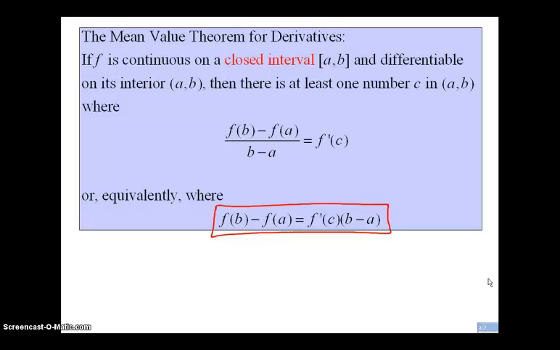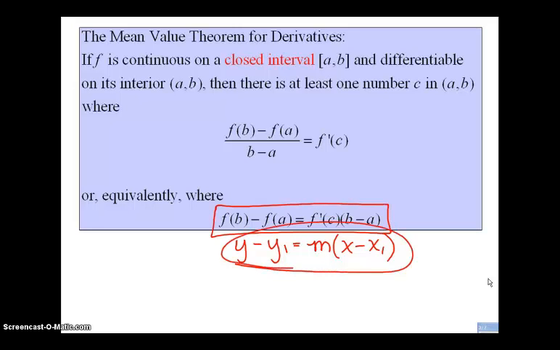Does anybody recognize y minus y1 equals the slope times x minus x1? It turns out that the mean value theorem for derivatives actually gave birth to the point slope form for the equation of a line.